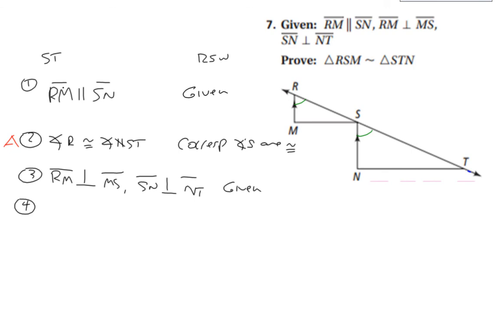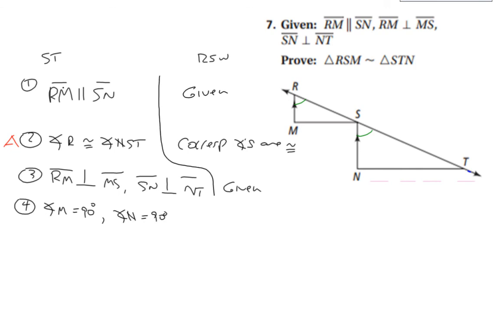I know, therefore, that angle RMS, I could have said angle M. Let's just say angle M, because there's no ambiguity about what angle M is. Angle M is equal to 90 degrees, and angle N is equal to 90 degrees.